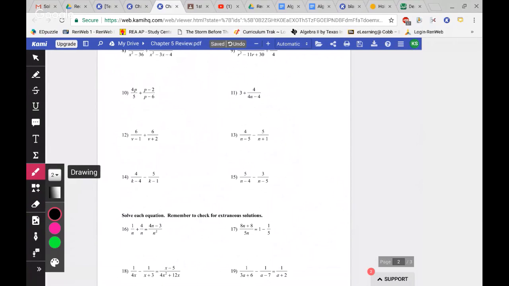Okay, number 11. On this one, in all honesty, I wouldn't need to factor it because obviously the understood denominator for 3 is 1. But just for the practice of factoring, this is typically what I do when I'm approaching these problems. That way, if I needed to incorporate another factor somewhere else, I could.